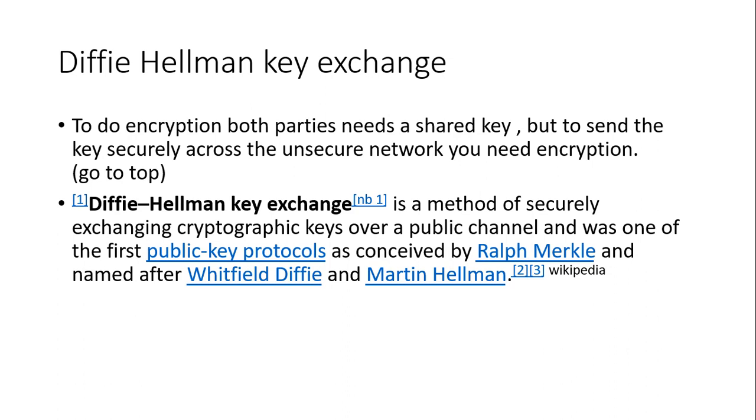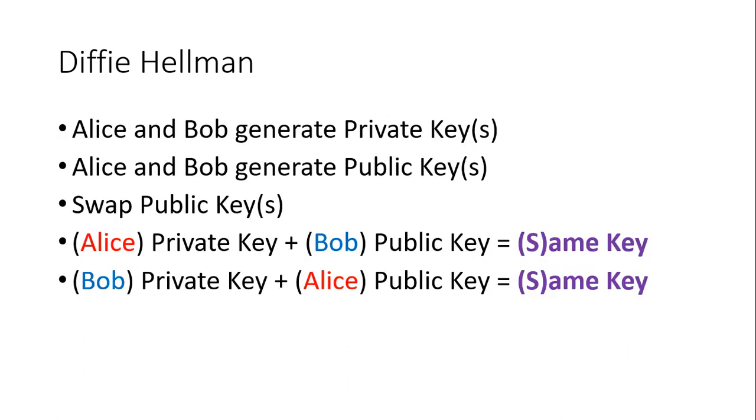So a simplified version of Diffie Hellman at a high level is something like this. Alice and Bob both generate private keys. Alice and Bob both generate public keys. Now the public keys are actually derived from their private keys. So both Alice and Bob swap the public keys with each other.